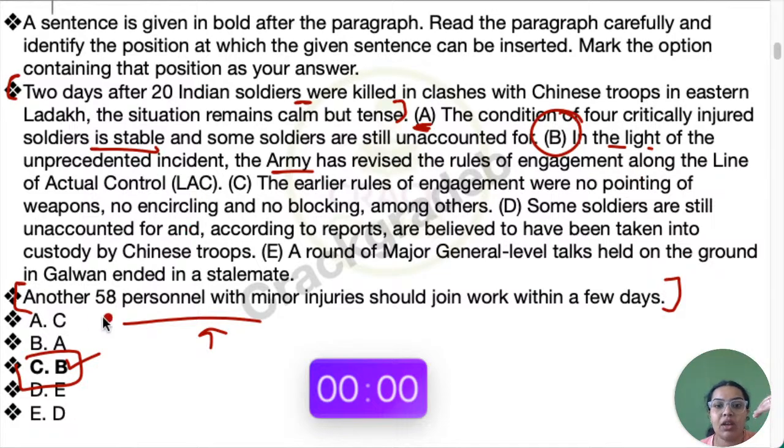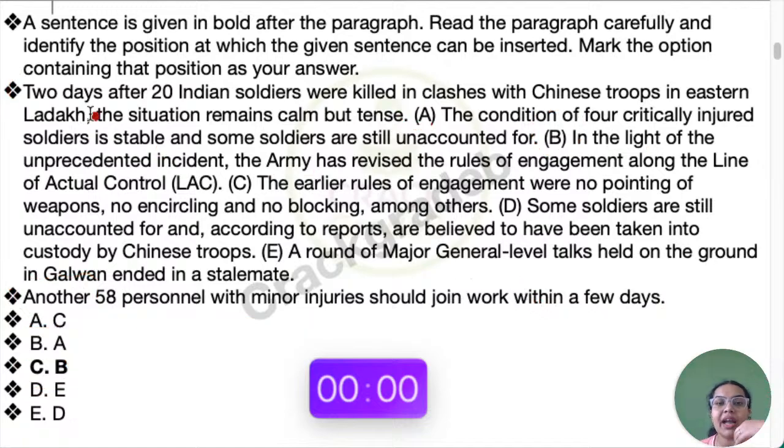See guys, in such questions, try to go through this sentence first. Another keyword, a big keyword: 58 personnel with minor injuries should join work within a few days. This is the part of data. This is the part of what happened to how many people. So you are already doing that here. You are talking about 20 who were killed. Then we go to less intense, critically injured.